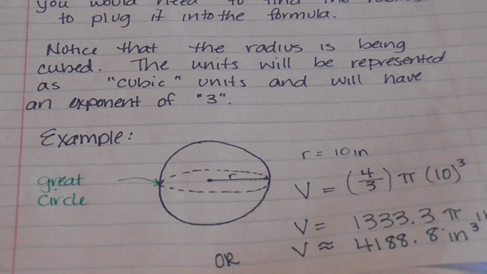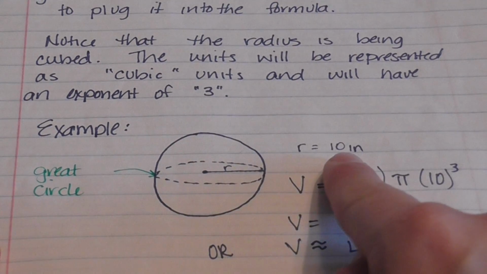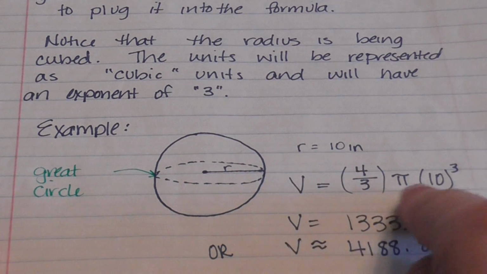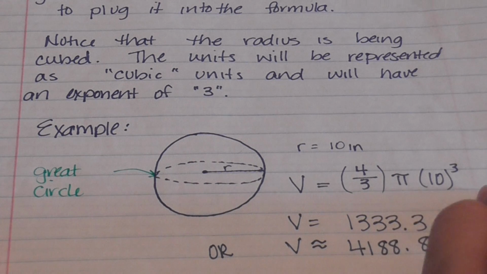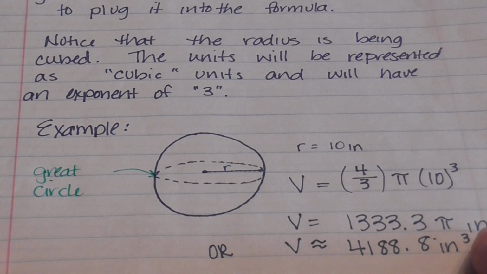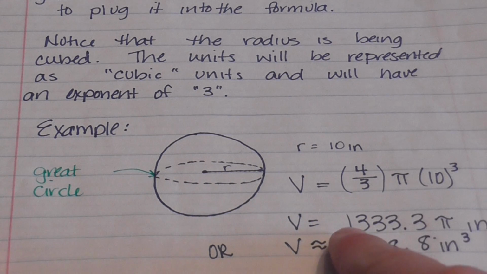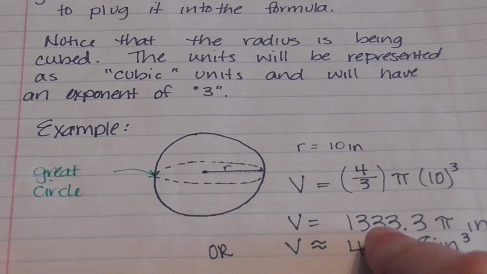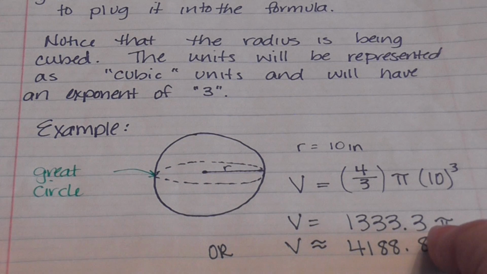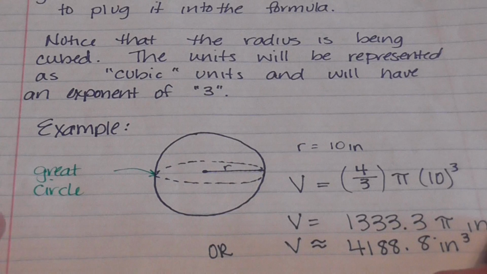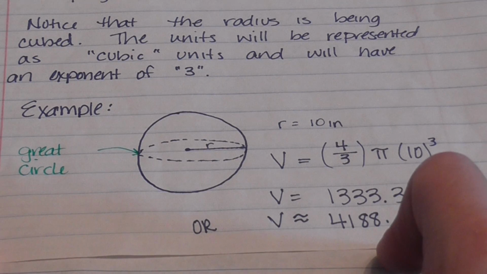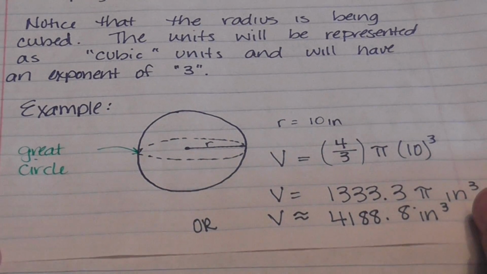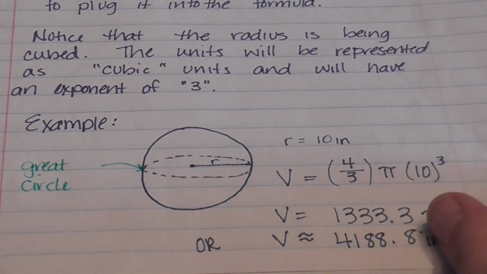If you were given an example like this, where the radius is 10 inches, you would just plug it into r in your formula, plug this whole thing directly into your calculator, and your volume is 1,333.3 pi cubic inches, or if you went ahead and multiplied it out, it'd be 4188.8 cubic inches. And that is the volume of a sphere that has a radius of 10 inches.